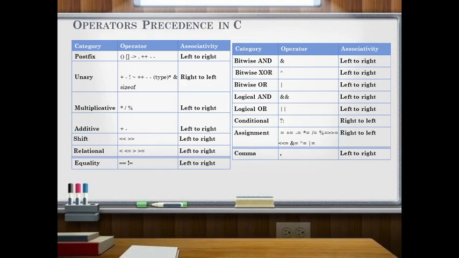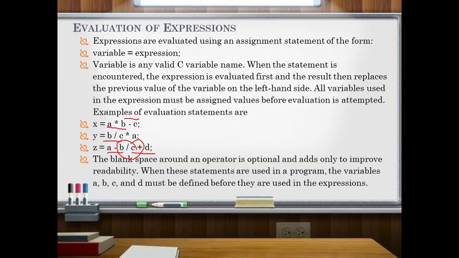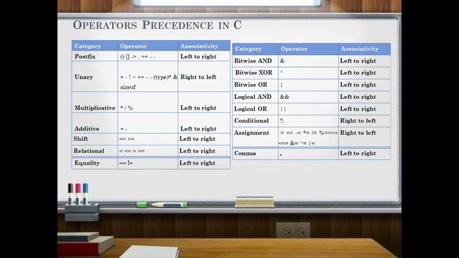Similarly, mathematical expressions say that you have to use the BODMAS rules. C also has a set of rules, that is operator precedence. Here is the list of operators and their respective precedence.